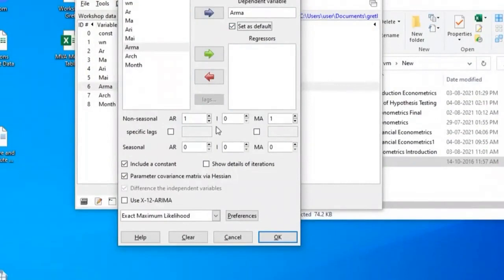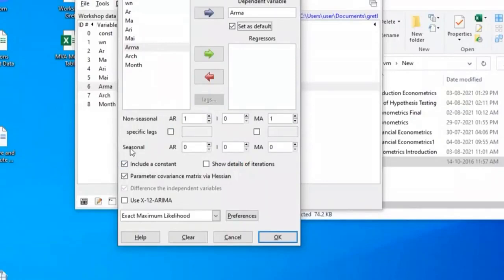So that means first we have to see whether our model ARMA has a unit root or not. Now, if we want to give some specific lags, we can, but usually we do not, because the AR and MA are referring to some lags.